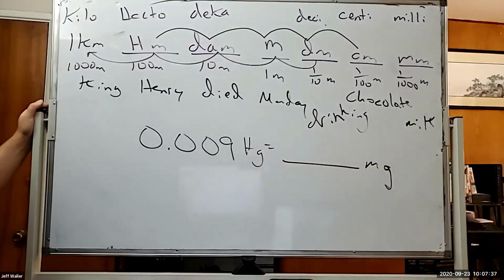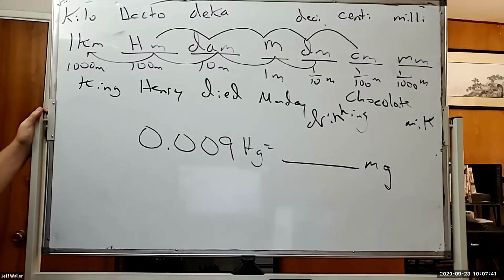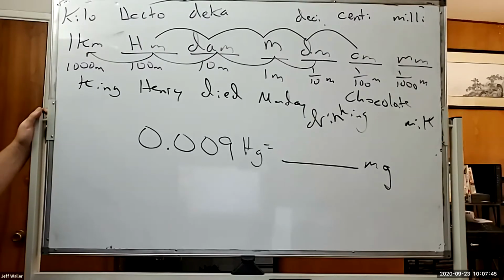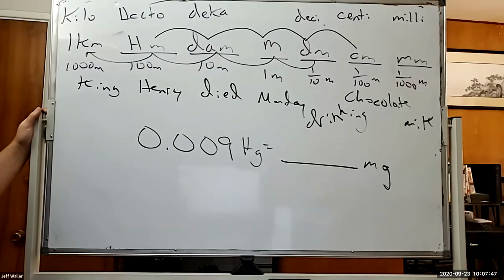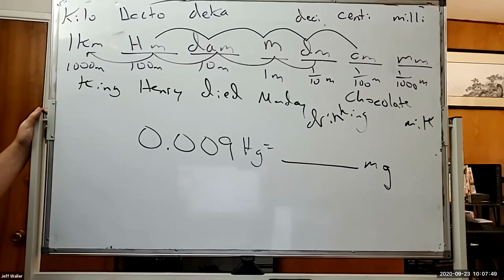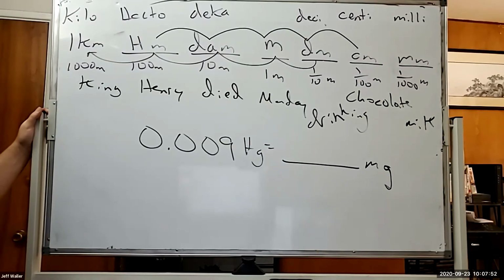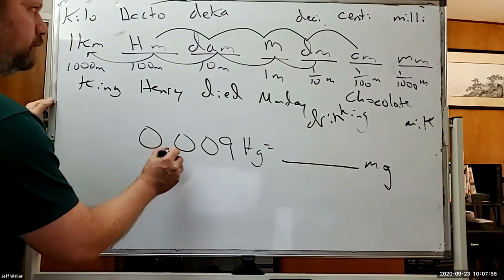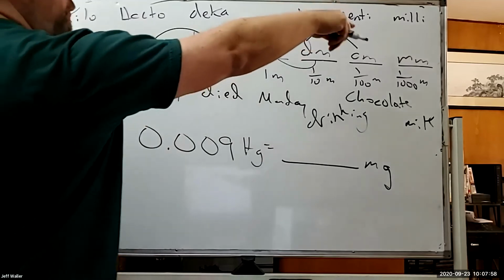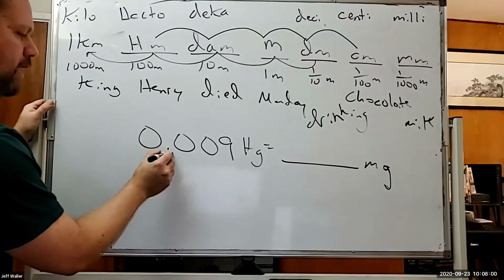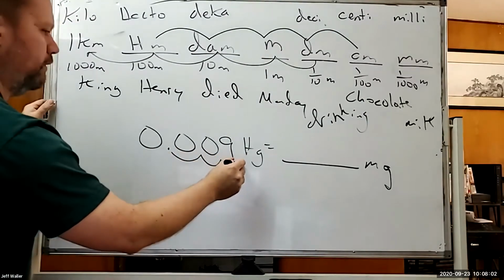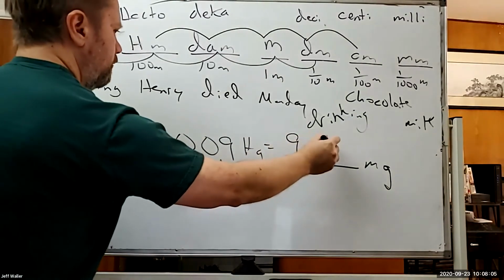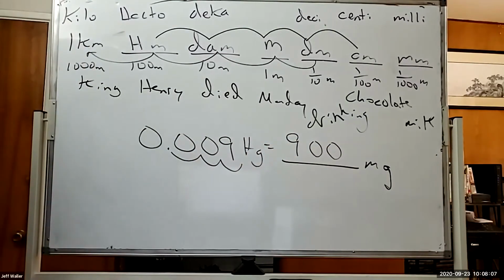Well, that's kind of mean, Jeff. 1, 2, 1, 2, 3, 4, 5. So how do you do that down here? You go to the right, add a couple zeros, I guess. Exactly. 1, 2, 3, 4, 5 is 900. There you go.